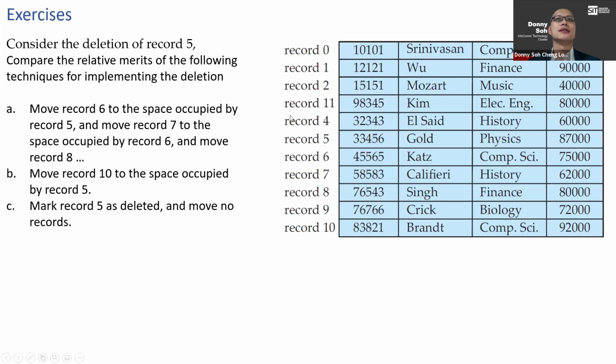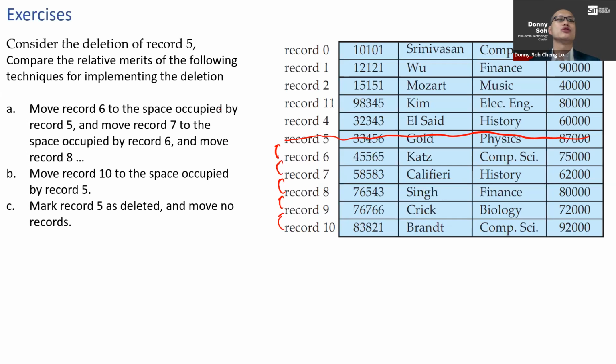Okay, so consider the deletion of record 5. There are a few ways that we can do this. So let's say that I want to delete record 5. What are the merits of doing that? One of the ways we can solve this is that this moves here, this moves here, this moves here, this moves here, this moves here.